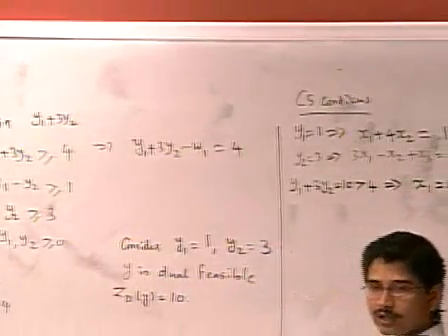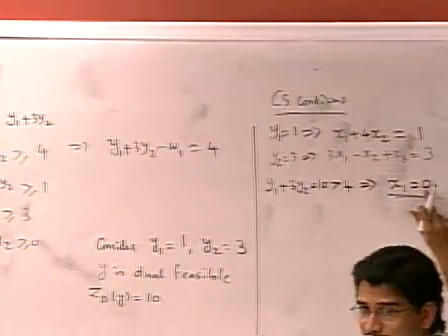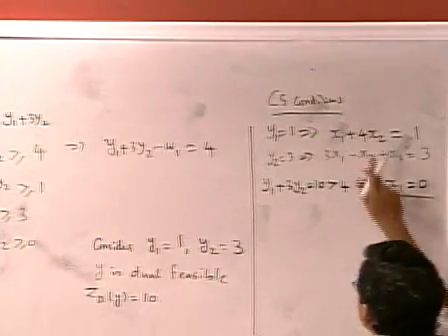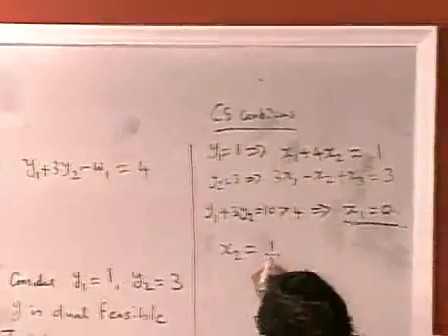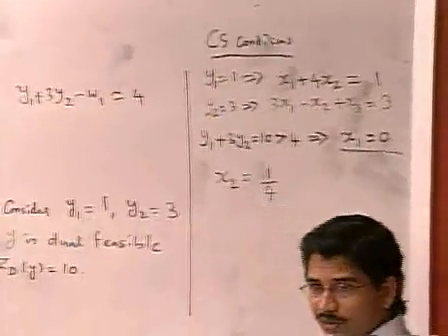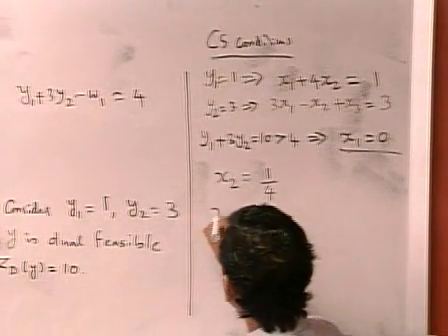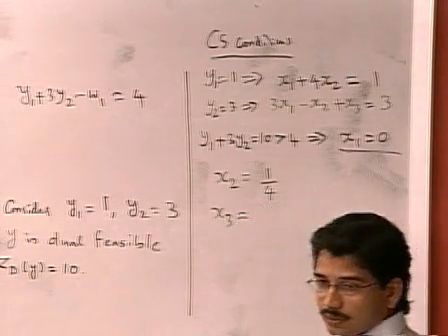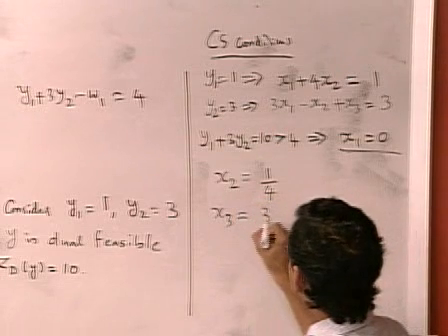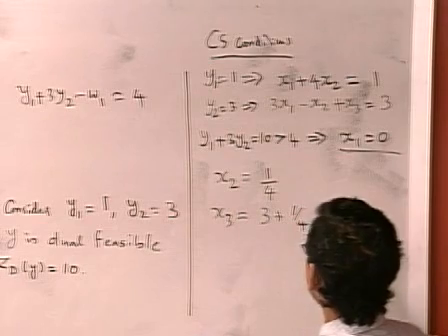So we have x1 being 0, and from the first equation, x2 has to be 1 over 4. And from the second equation, x3 must be 3 plus a quarter, which is 13 over 4.